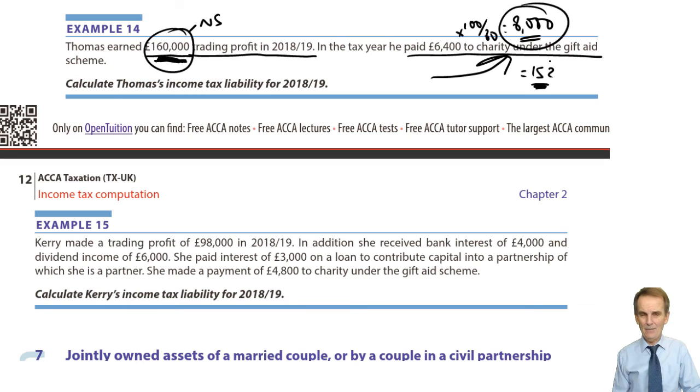Now again, just looking at it in your head, 160 less 8 is still a whole lot more than 123,700. What does that mean? It means that there's no personal allowance. So your only income is non-savings 160. There is no personal allowance to deduct from it because adjusted net income has exceeded 123,700, let alone £100,000.